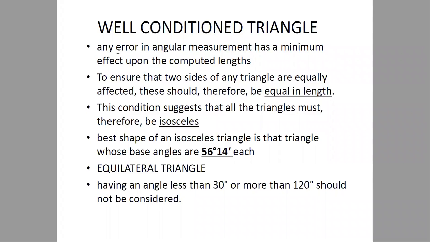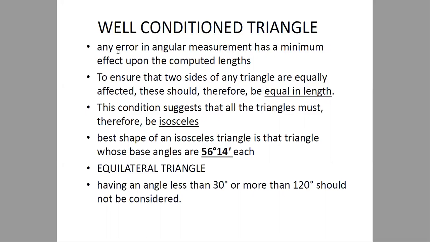When a triangle is well conditioned, any error while measuring the azimuths will lead to minimum error in the lengths. It means it will cause minimum error to the sides that have been calculated using those azimuths or angles.